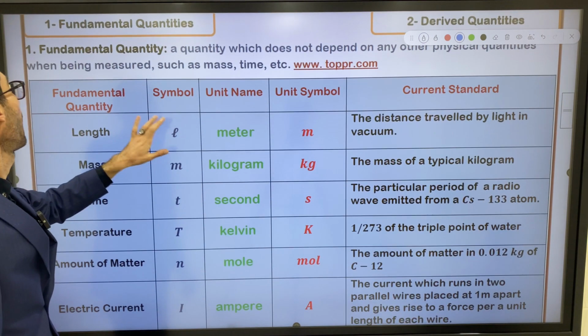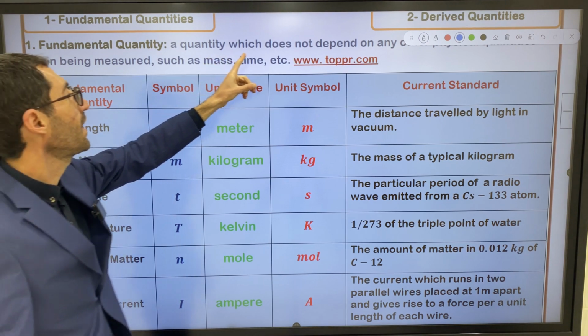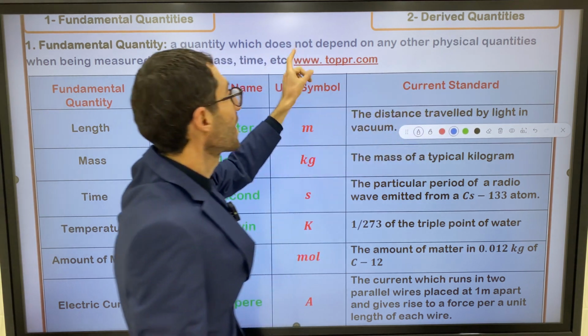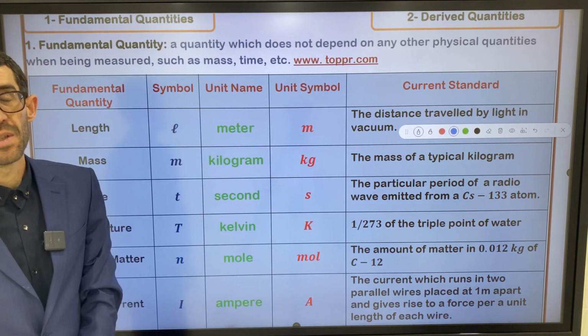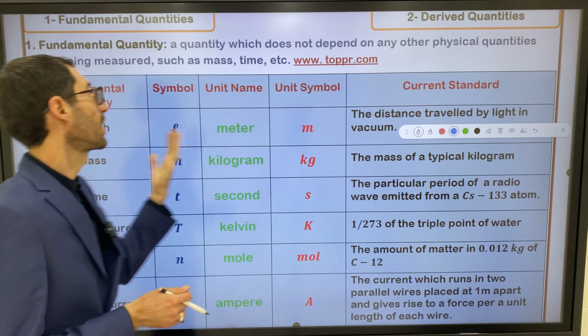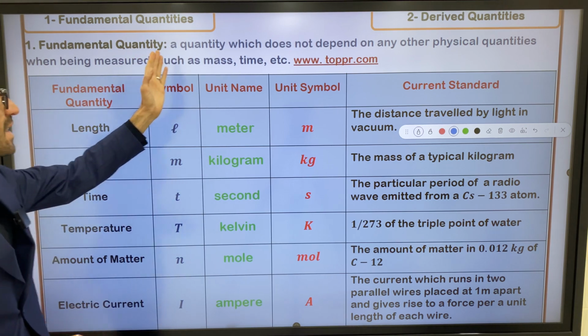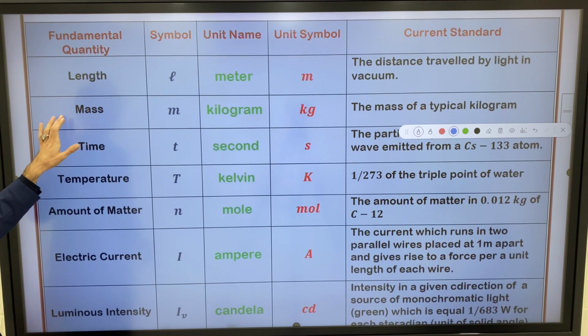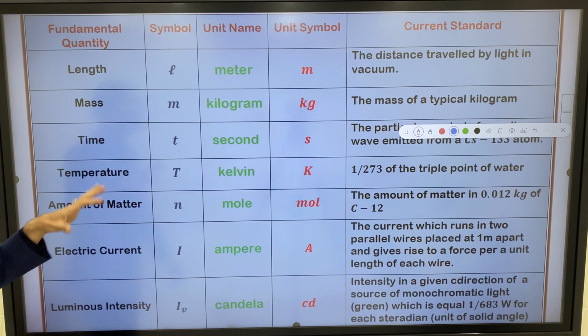I told you fundamental quantities do not depend on any other physical quantity. They are independent, or we can say base quantities. Like, for example, mass, time, and so on. Let's read the 7 fundamental quantities one by one.